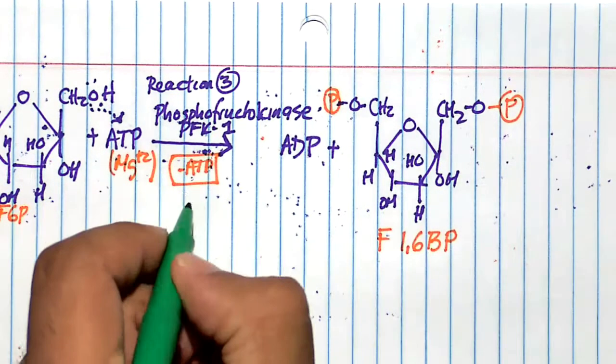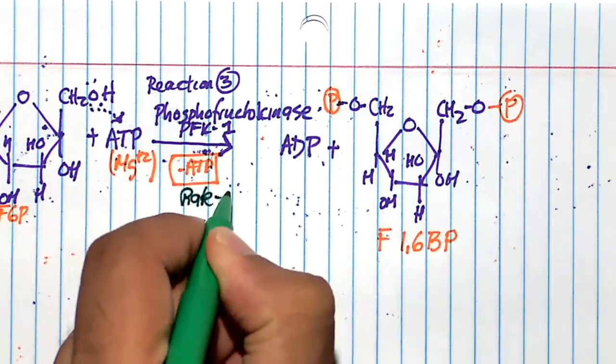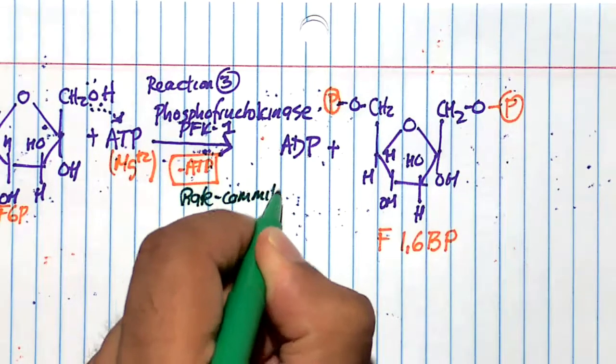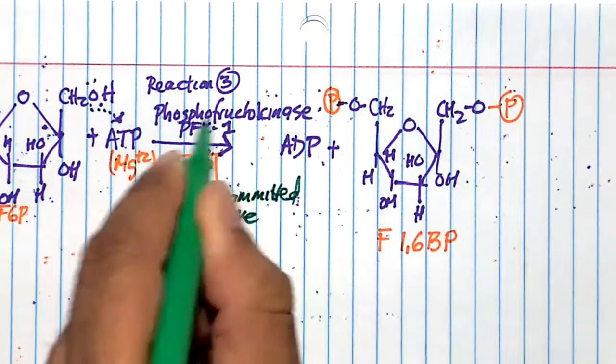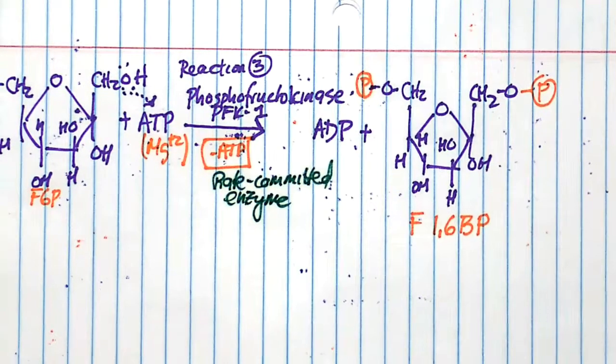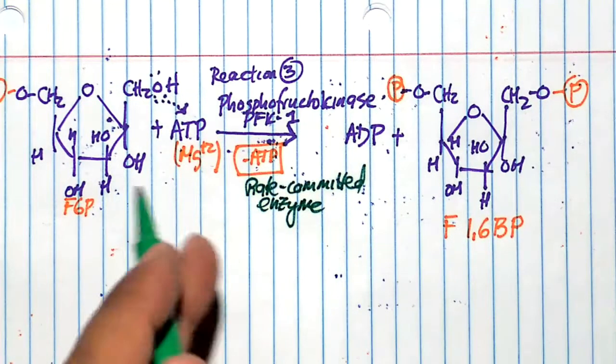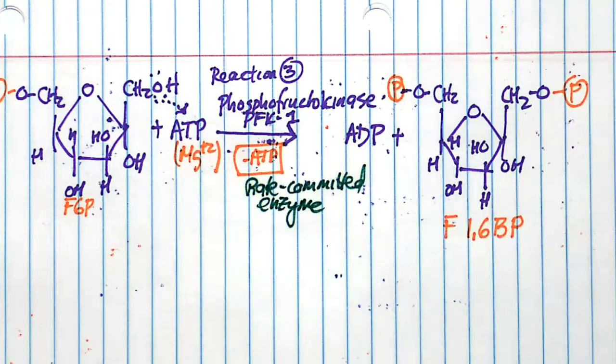There are a lot of allosteric factors that will change the flux and activity of this enzyme, and by virtue of that, change the quantity of fructose 1,6-bisphosphate that can go into glycolysis. So rate-determining enzyme, rate-committed enzyme, bottlenecked enzyme, that is what phosphofructokinase, or PFK1, is.